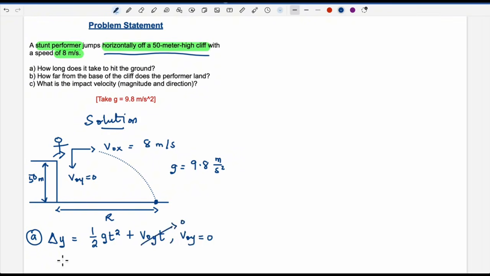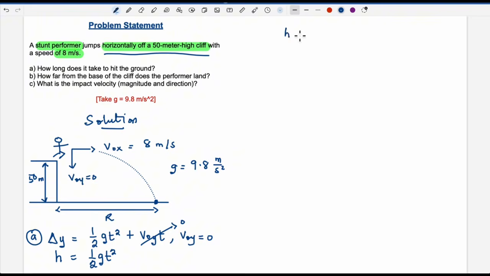So we will be left with delta y, in this case the vertical height h, equal to 1/2 g t squared. To find t, we multiply both sides of the equation by 2.